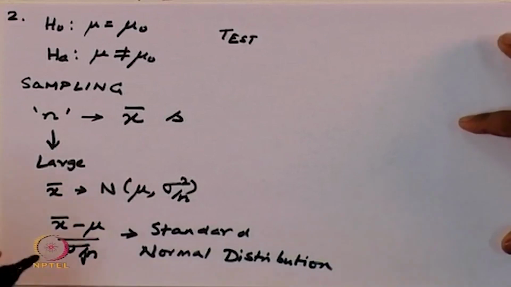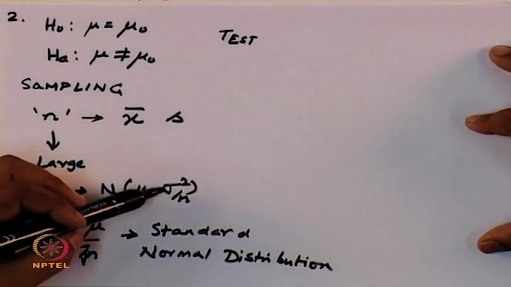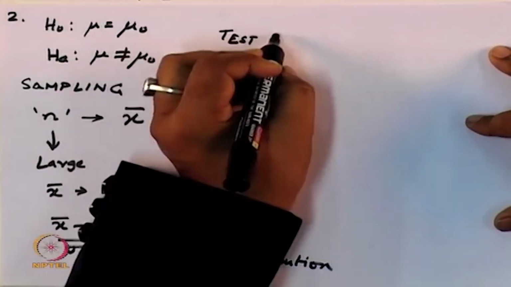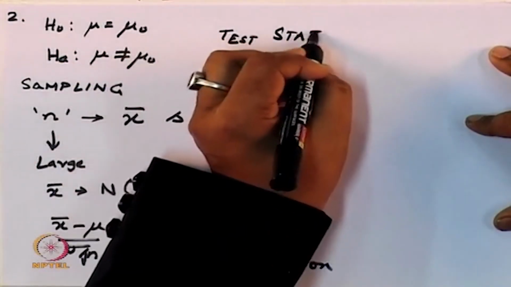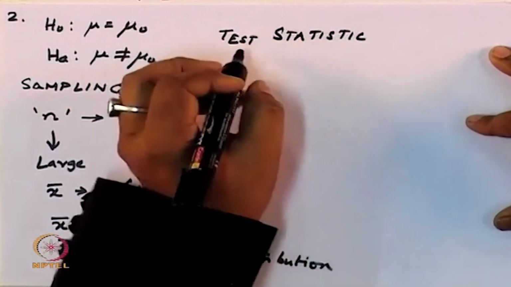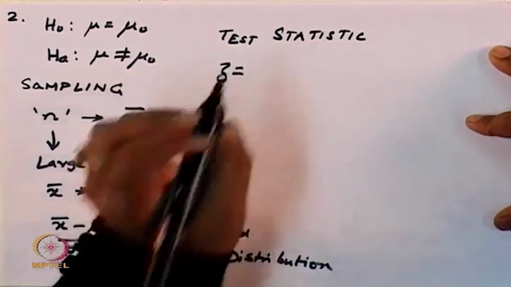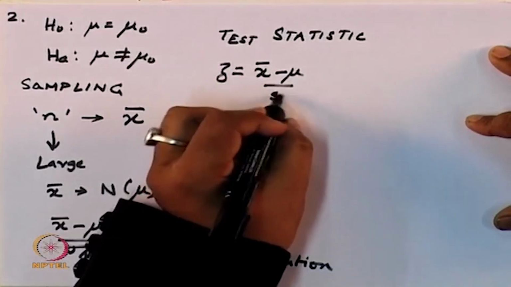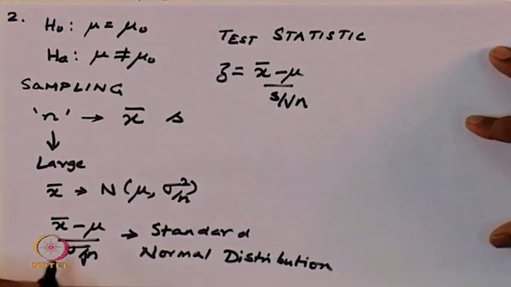Since I only have the sample, I do not know exactly sigma, but what I have calculated is S. So, my test statistic is calculated as z defined as x bar minus mu divided by S by root n.